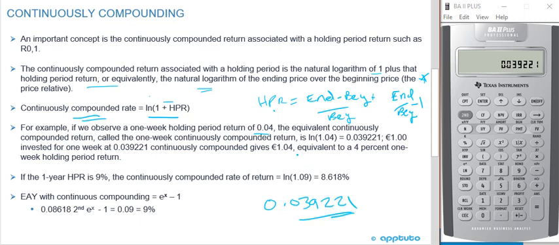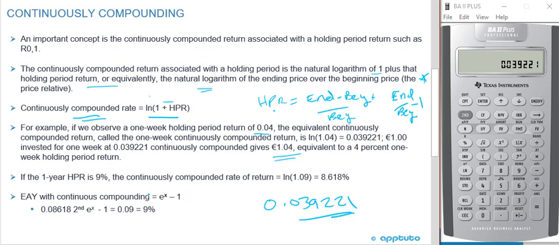Okay, so the 4% 1 week holding period return is equivalent to a 1 week continuously compounded return of 0.039221, or 3.9221%.